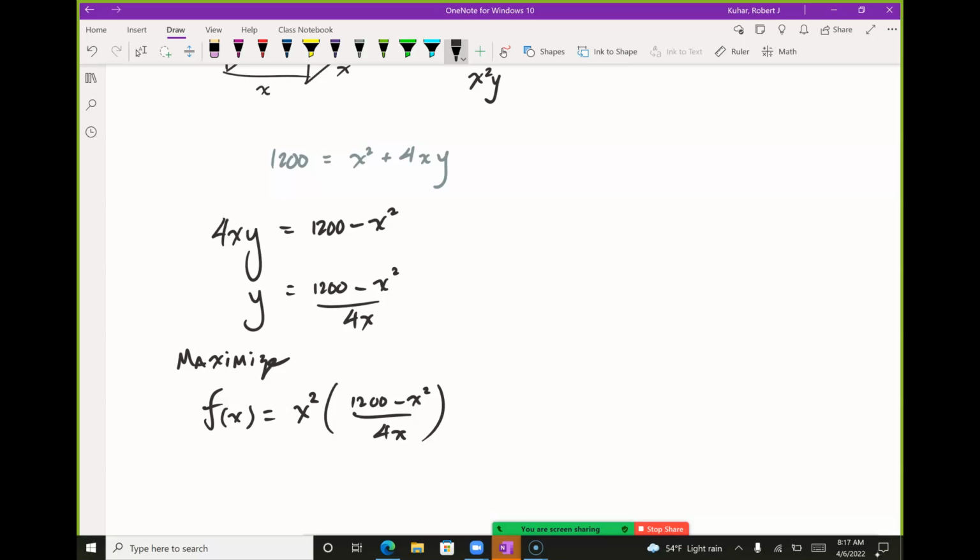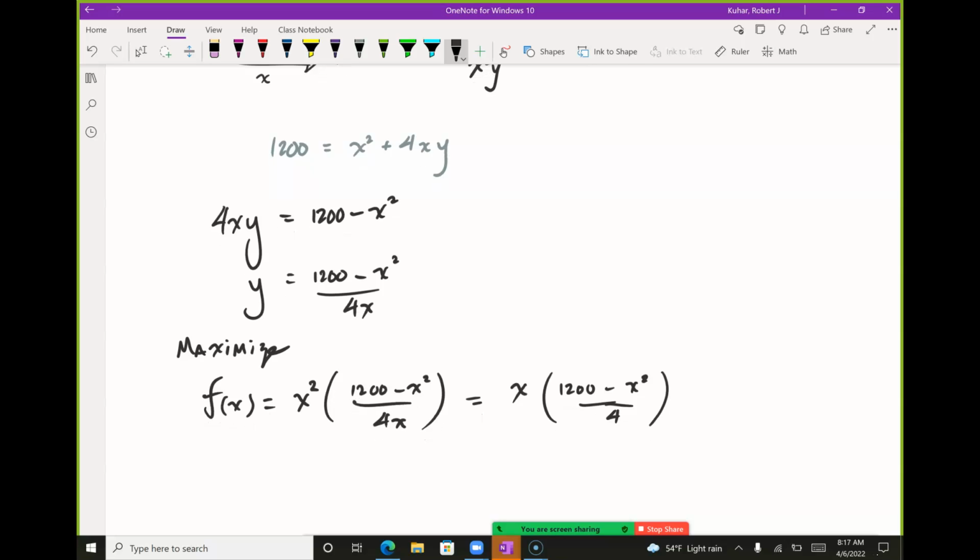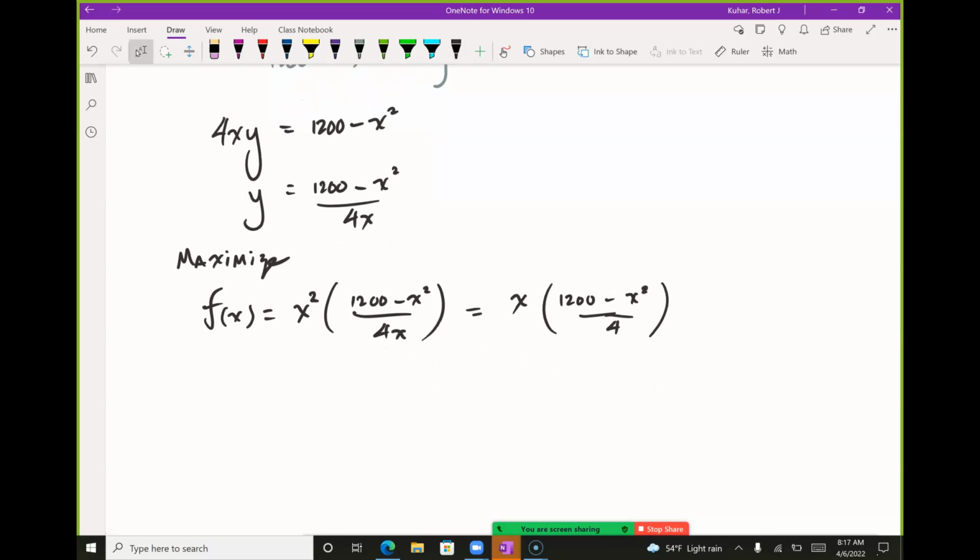So clearly an x will cancel. So I have x times 1200 minus x squared over 4. I certainly can just distribute this. It'll make it very simple if I distribute it. So I get 1200 over 4 times x minus x cubed over 4.